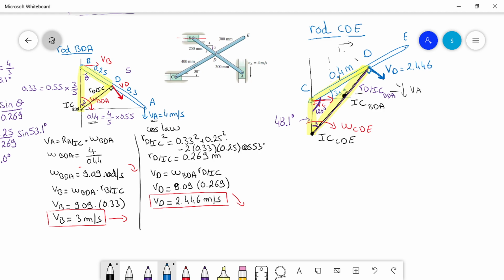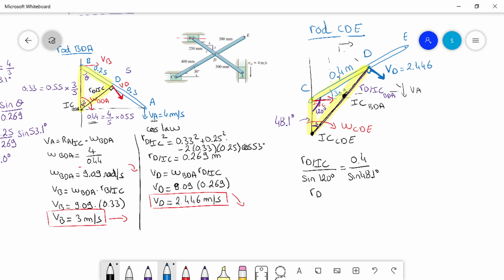So we can use the sine law. We want to find RD about the IC, the IC of CDE. So let's use RD about the IC divided by the sine of the opposite angle, so 120 degrees. And this is equal to 0.4 divided by the sine of 48.1 degrees.